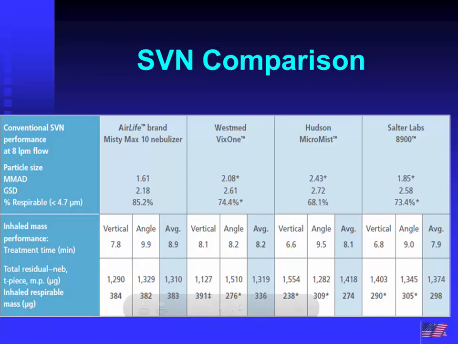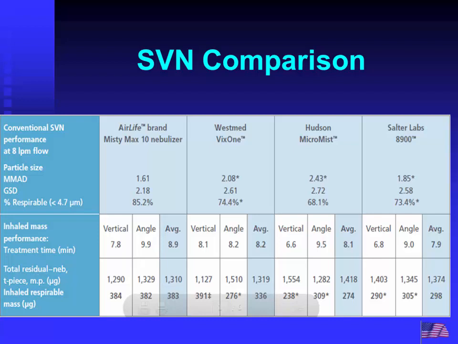You're just looking at some different brands, and not only looking at the particle size, the mass median aerosol diameter, but also looking at whether it's vertical or whether you can use it at an angle, because they lose their effectiveness in many cases if they're not straight up and down.